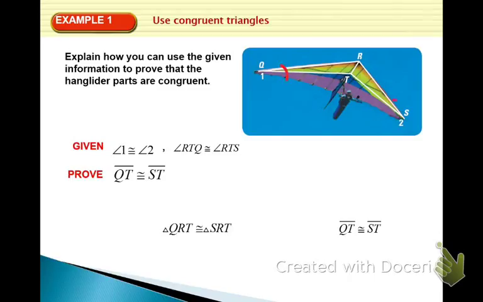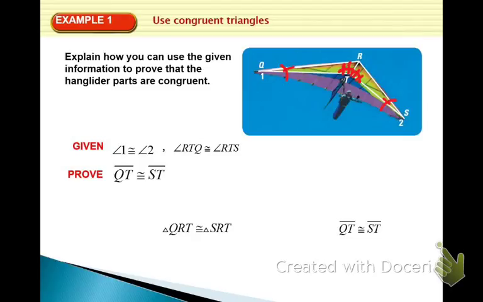Angle 1 congruent to angle 2, and angle RTQ congruent to angle RTS. Those 2 angles are congruent. We've got to prove that QT is congruent to TS.